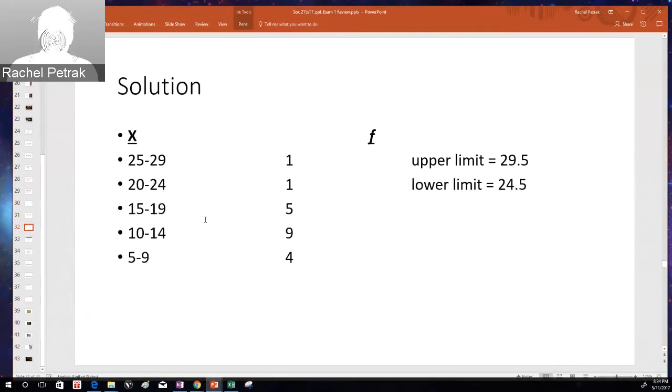And so my upper and lower limits, for example, just looking at this highest interval, are a half step below the lowest real score in this interval, and a half step above the highest real score.